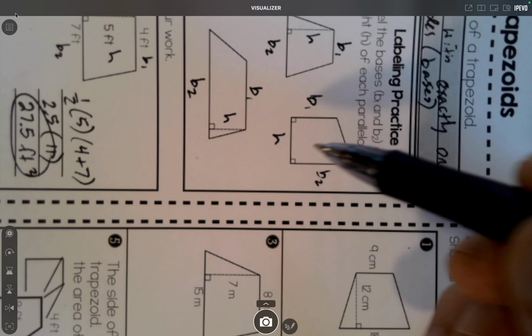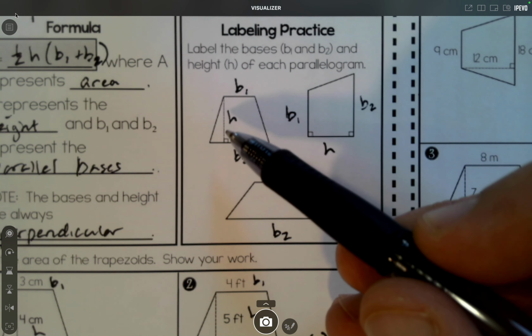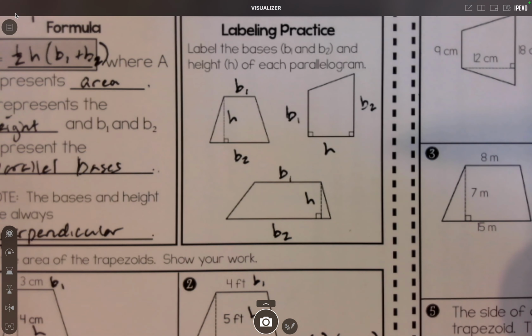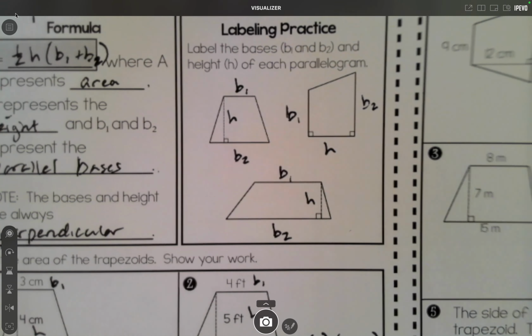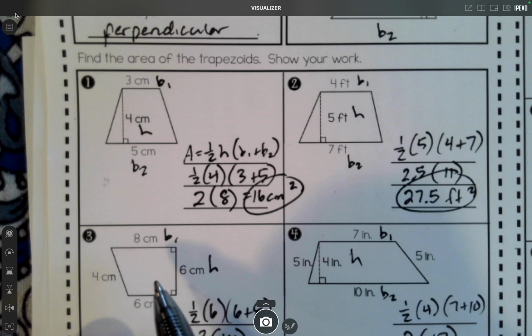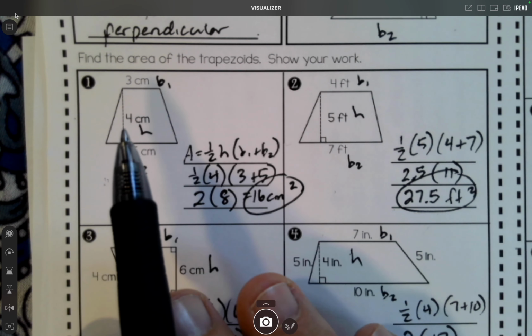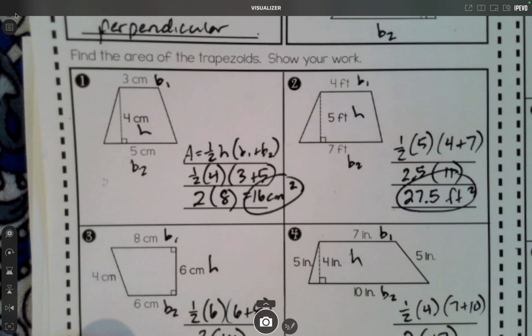So this is a right trapezoid, whereas these two are not. Because to find the height, we had to do dotted lines. The sides themselves did not form right angles. As we look at these four, this is the only one that's a right trapezoid because its side is actually the one perpendicular to the two bases, whereas that was not true in 1, 2, and 4.